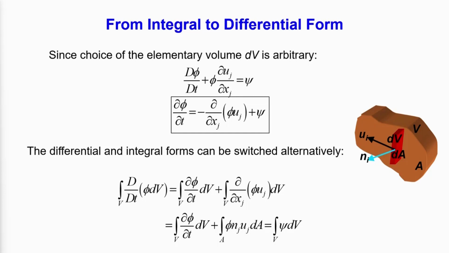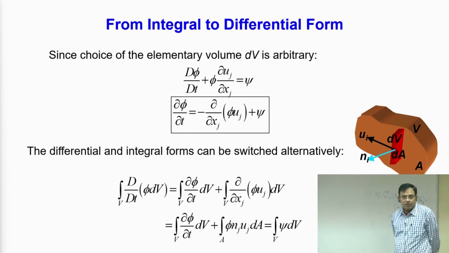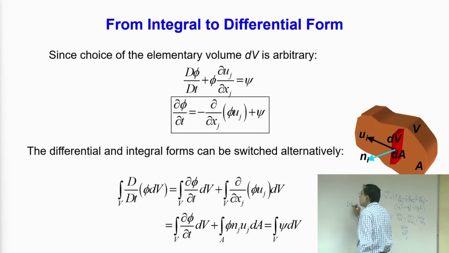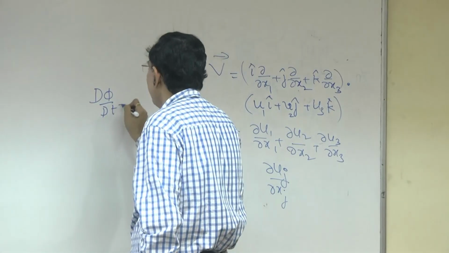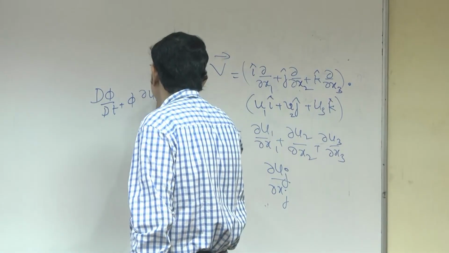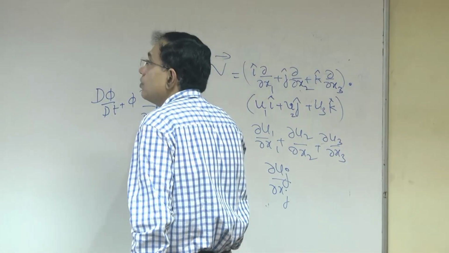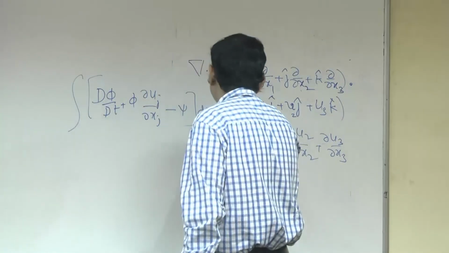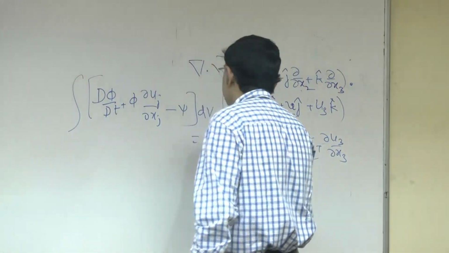The left hand side was integral of what is written in that equation dV, and the right hand side is integral of psi dV. So left hand side minus right hand side will be something. You will have this d phi dt plus phi into this one minus psi, this integral of dV, equal to 0.